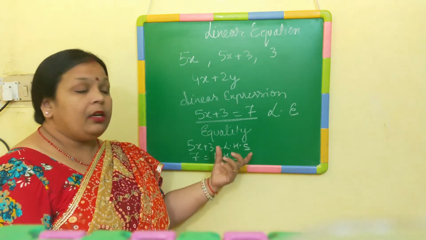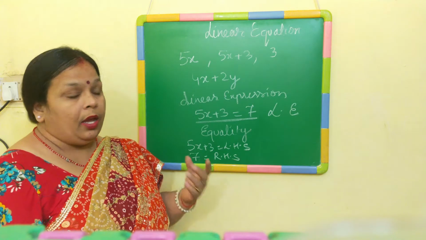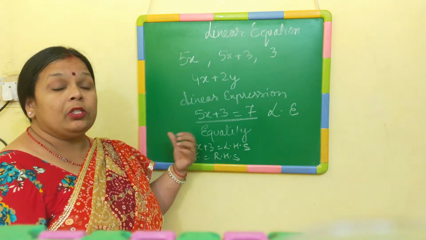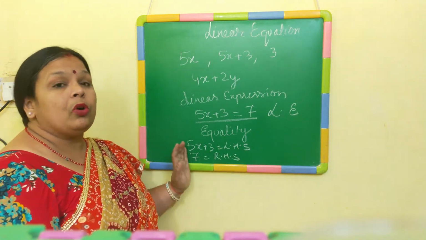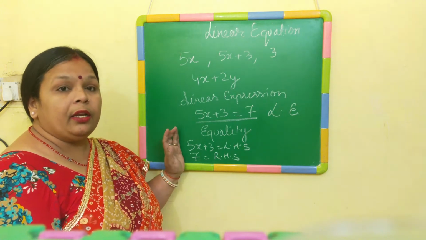Hence, we say the linear equation is true for the given value of x. And if it is not satisfying the condition, that means on substituting a value we are not getting LHS equal to RHS, something is wrong in the solution and we are not getting the correct answer.